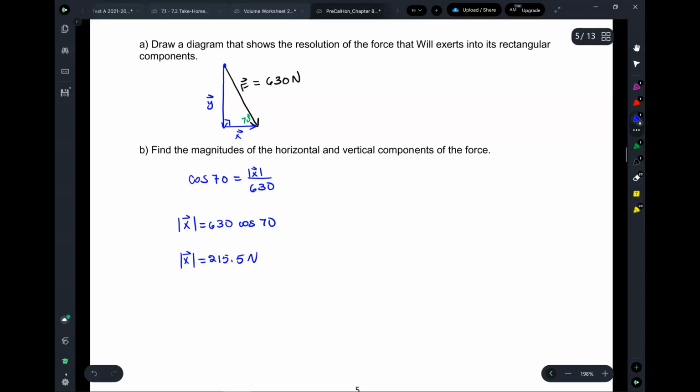It's the magnitude, the size. So magnitude is always in the bars, just like determinant was in bars. Okay. So now, let's do the sine of 70. The magnitude of y over 630. So y is 630 sine 70. How much is that?